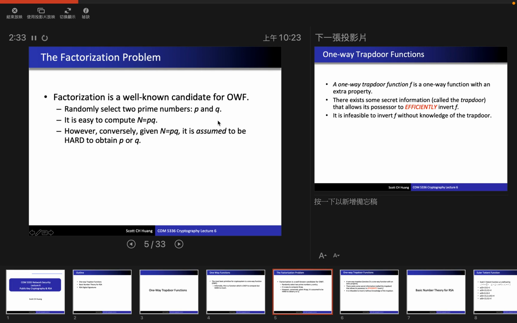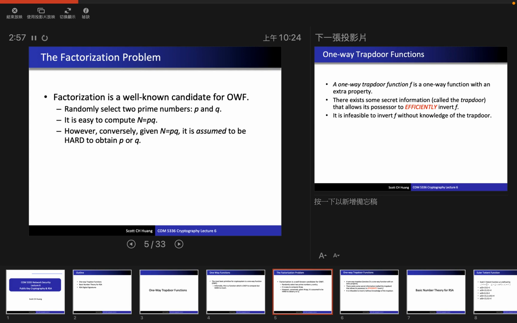So that's multiplication. How to do that conversely? Conversely, you're given a number n and you know that it's a product of two primes, but you don't know what primes they are. And the goal is to factorize n to get back P and Q.